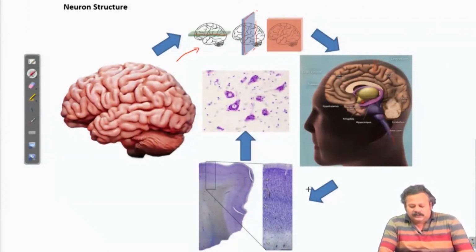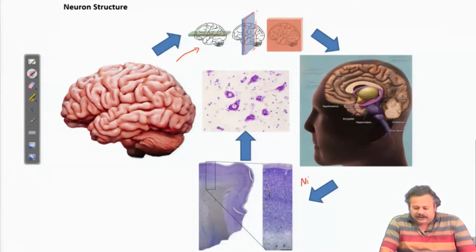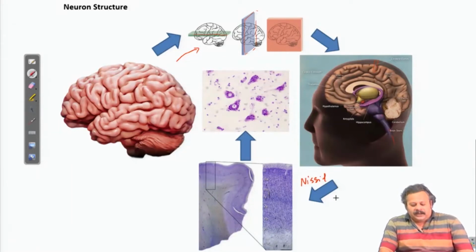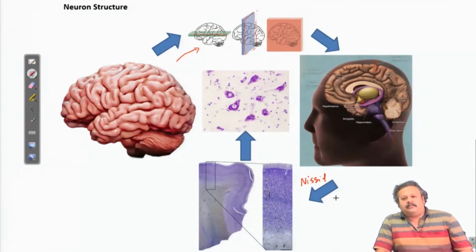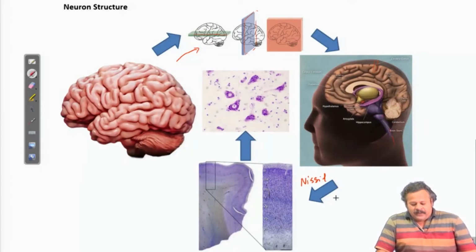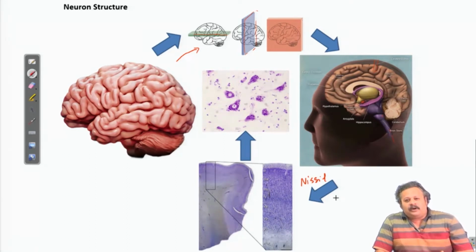This particular one is what we call a Nissl section, which has to do with staining Nissl bodies, and there is a particular procedure by which this can be obtained. But the main point is that it allows us to visualize the cell bodies or the neurons present within the section that we are going to observe.